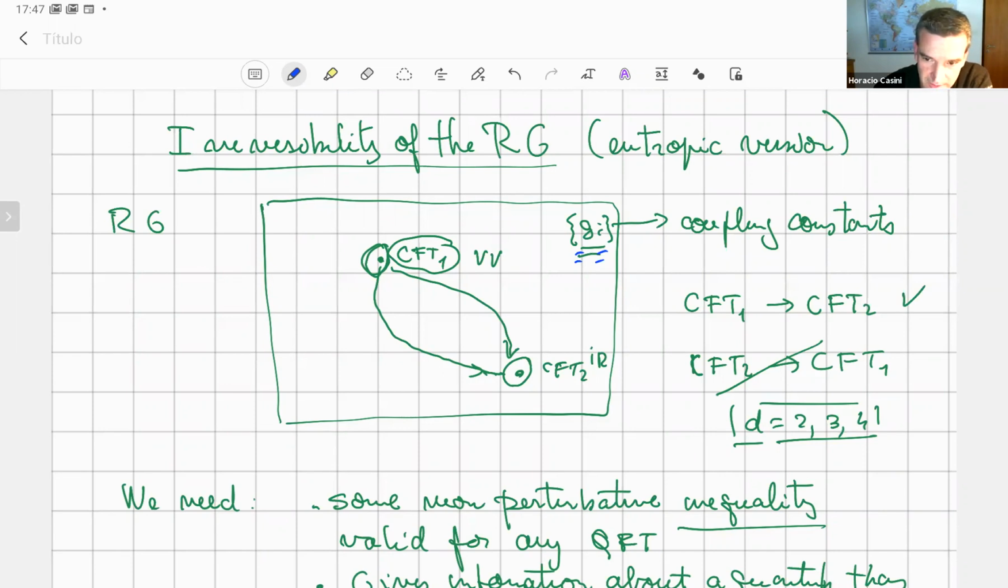In our case, we'll have a very precise meaning as something that changes when you compute some universal quantity out of the entropy for very small spheres or very large spheres. This will be the inequality that you find.